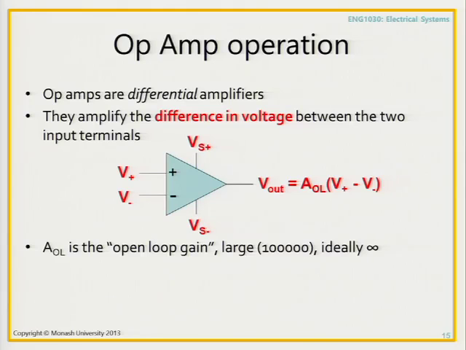Okay, so this means that all we need to worry about is the voltages at the input terminals, and we will get a certain voltage at the output terminal, which will depend on which one is bigger, V plus or V minus. The output will go all the way up or all the way down to the supply voltages. Remember, this is a big number, so even a small difference here will make all of this really large, but the output can only go as large as Vs plus, or as negative as Vs minus.